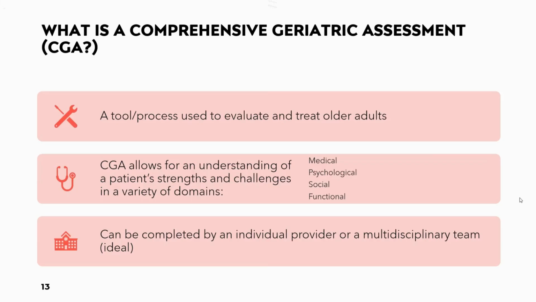And so the CGA, in theory, can be completed by a single individual, and it often is in Newfoundland and Labrador because we don't have the multidisciplinary team that is doing this comprehensive geriatric assessment in other areas. But in an ideal world, it would be completed by a multidisciplinary team. And as I show you the components, you can understand why there are certain parts that would be very useful if you had a social worker, a physiotherapist, an occupational therapist, a pharmacist.